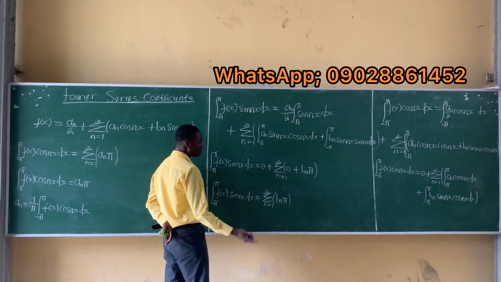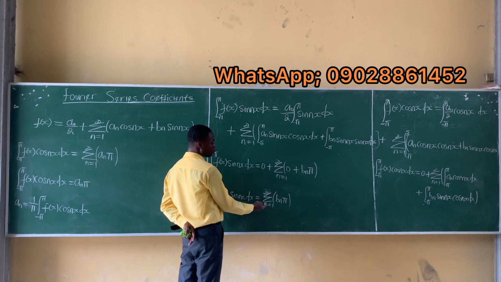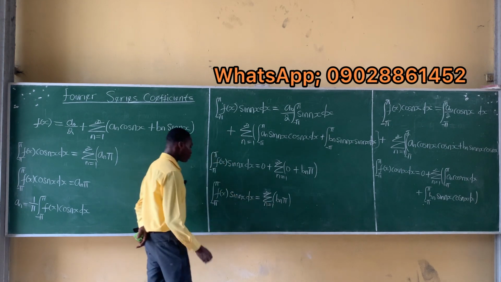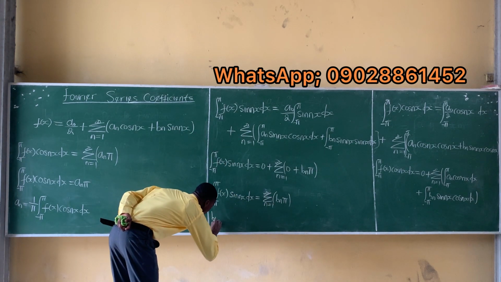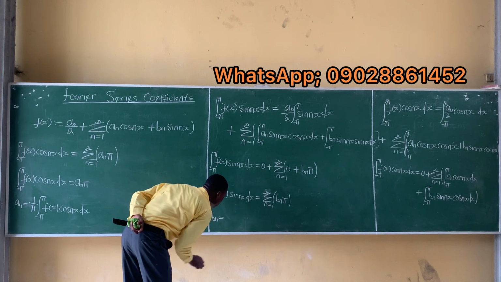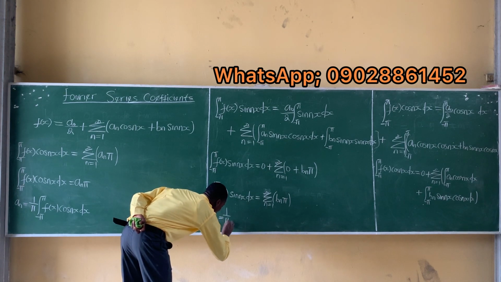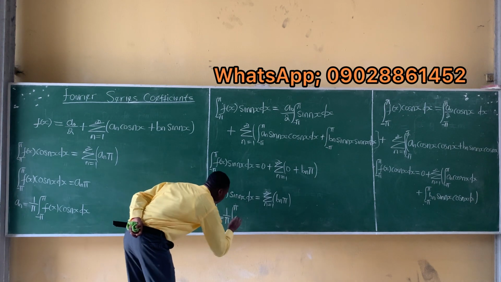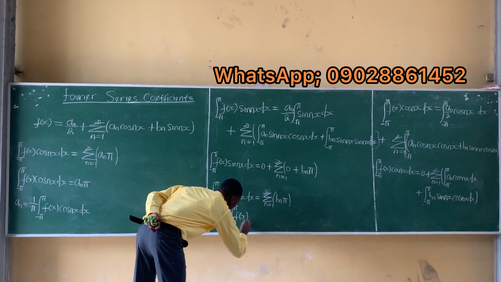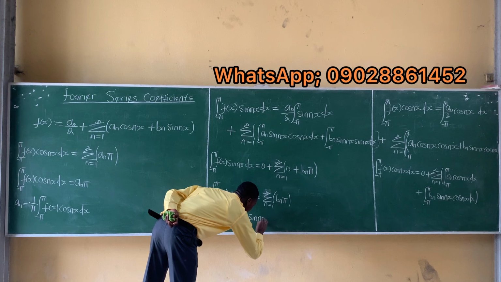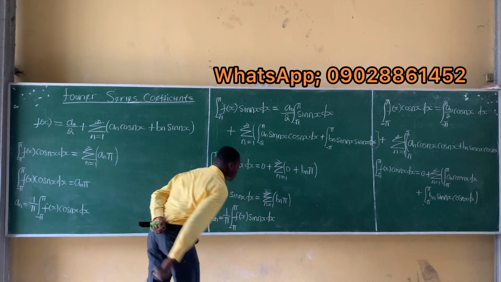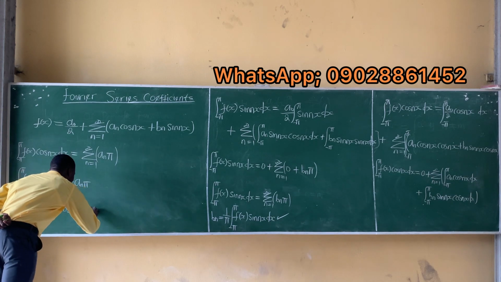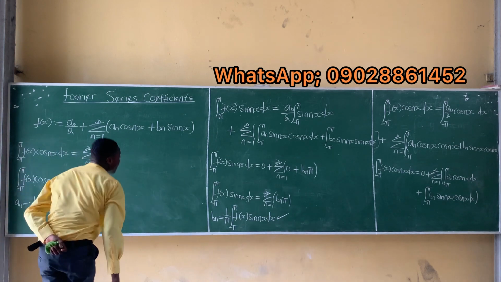We said it does not really matter, it's just telling us that n is equal to 1 to infinity, so we can still remove it. So make b sub n subject of formula. You have b sub n equal to, divide both sides by pi, 1 over pi, the integral from minus pi to pi of f of x sine nx dx. So this is what we have for b sub n, and this is what we have for a sub n.